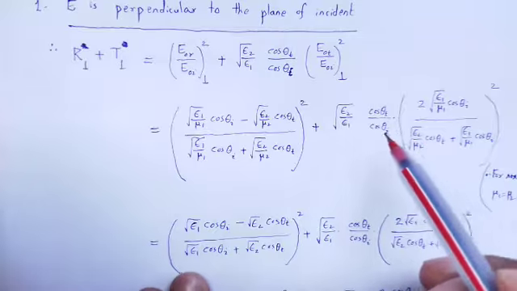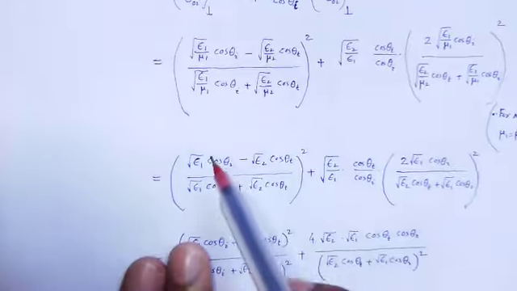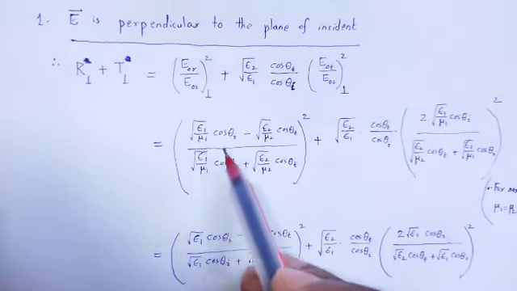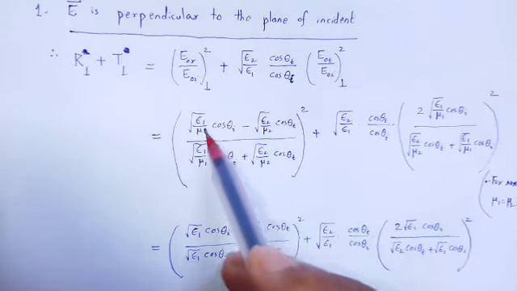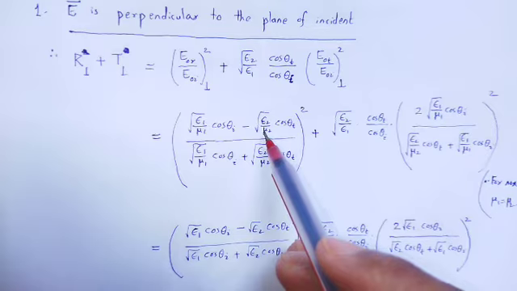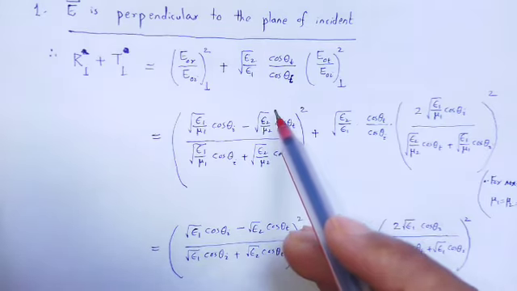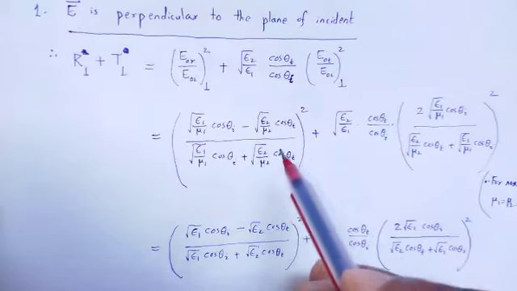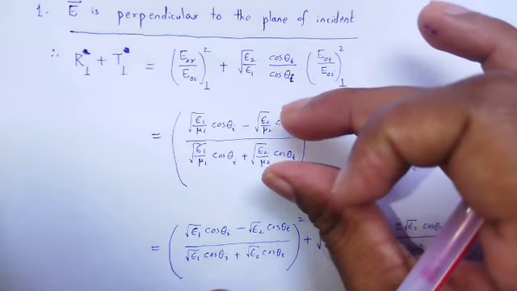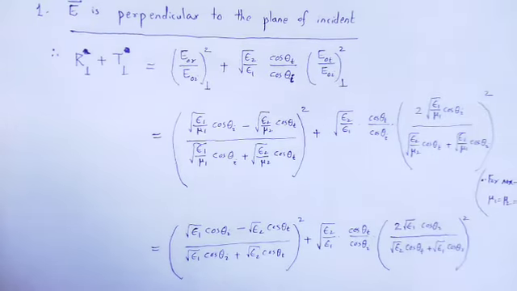Coming to this situation, in place of mu 1 we substitute mu naught, mu 2 again we substitute mu naught, and taking the LCM in the numerator and denominator side, mu naught is cancelled out in these equations.